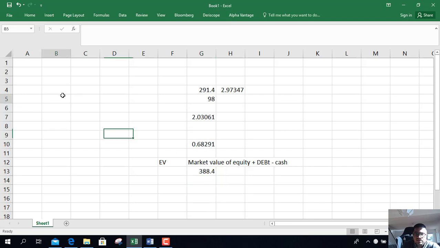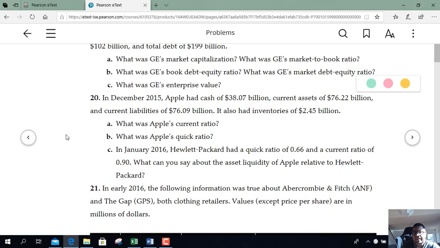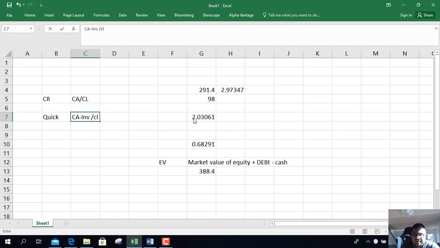So let's do that. The current ratio, we know, is current assets divided by current liabilities, and the quick ratio, if you look at the formula, is current assets minus inventories divided by current liabilities. So let's see what's given. Current assets of 76.22, current liabilities of 76.09.